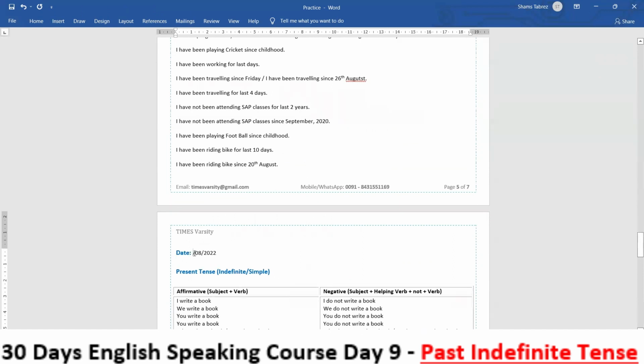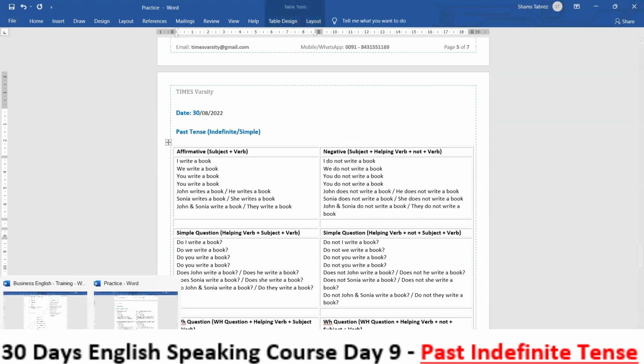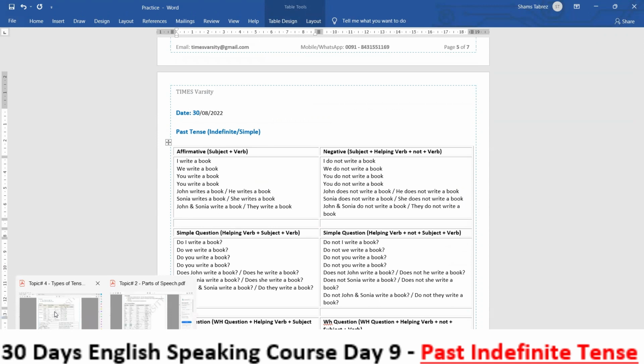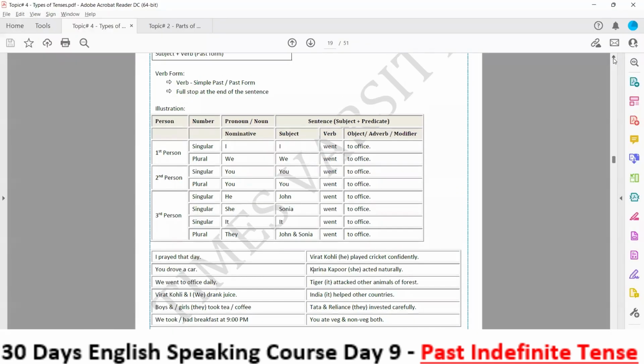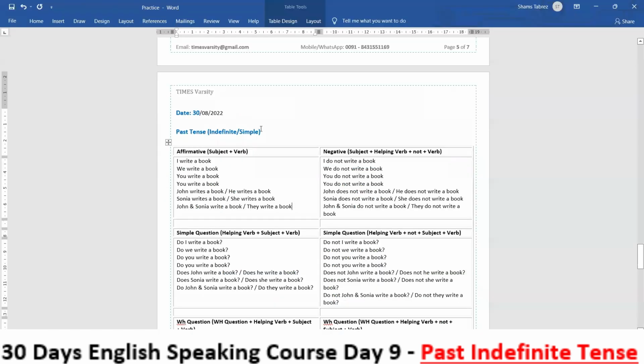Today is 30th of August, and we are talking about past tense, and in past tense it is indefinite or simple. And as per the rule, for affirmative, what is the rule? It is subject plus verb and the past form of the verb.